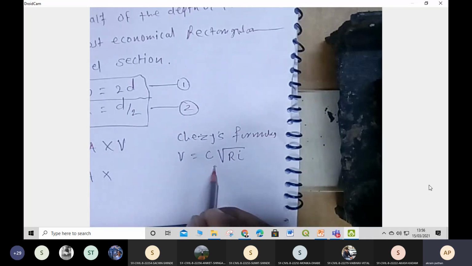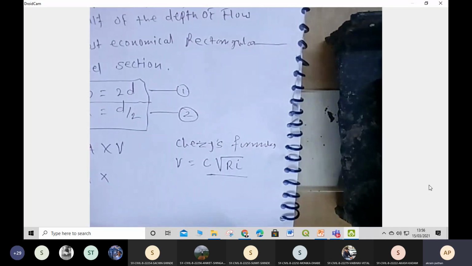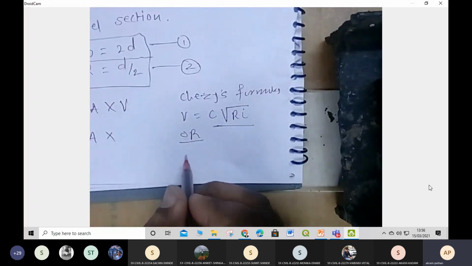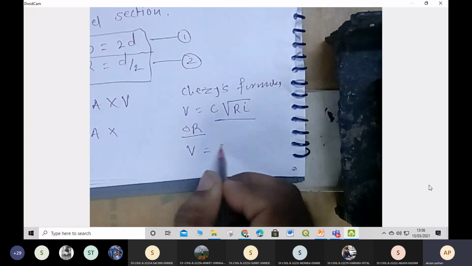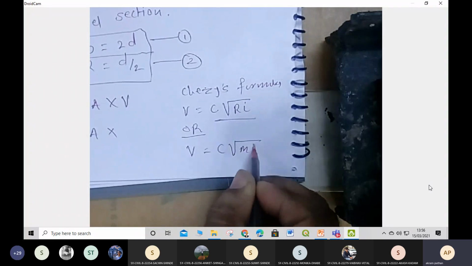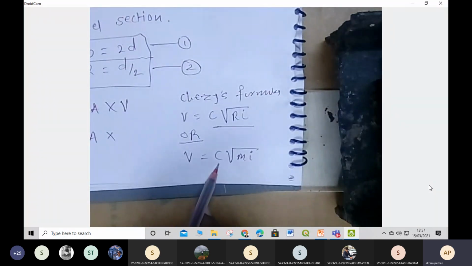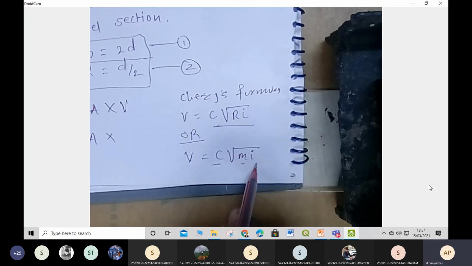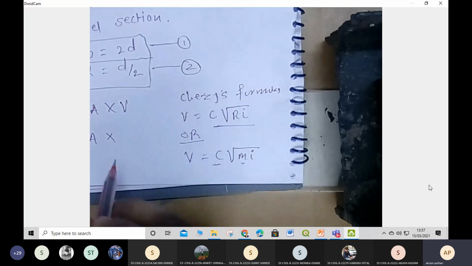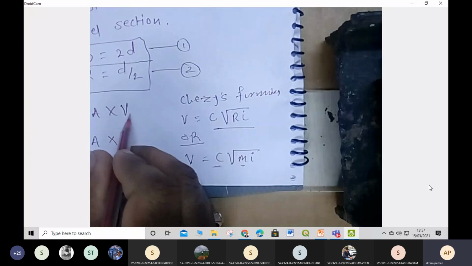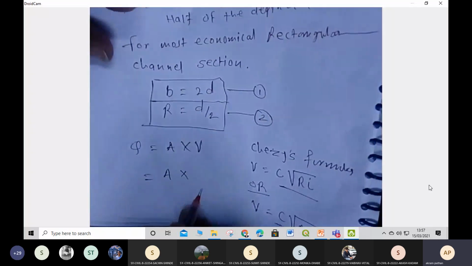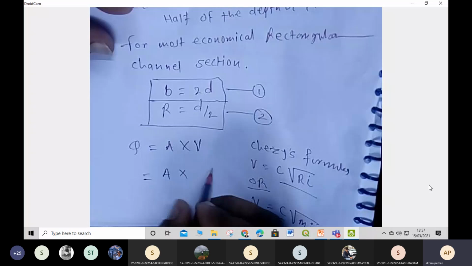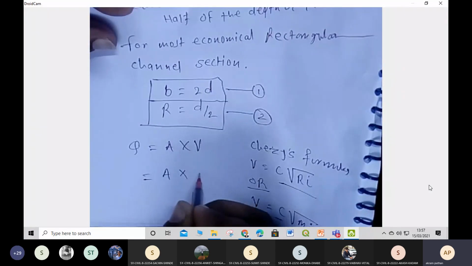Or you can write the Chezy's formula for velocity v is equal to C under root MI, where C is the Chezy's constant, M or R is the hydraulic mean depth, and I is the gradient or slope of the channel. So if I substitute the velocity in this particular equation, C under root MI.